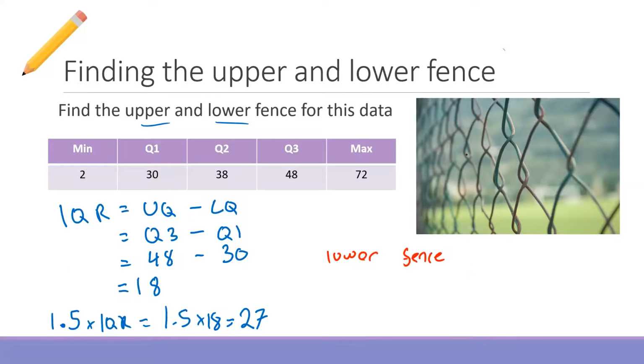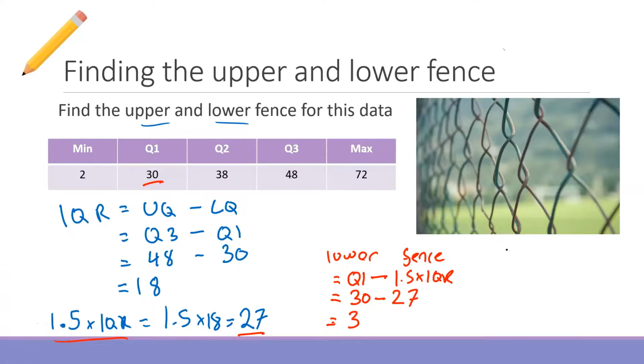The lower fence is going to equal Q1, the lower quartile, minus 1.5 times the interquartile range, which is 30 minus 27. We've already done the 1.5 times IQR, we don't need to do it again. So the lower fence is going to be 3.